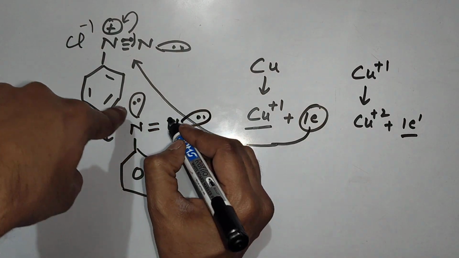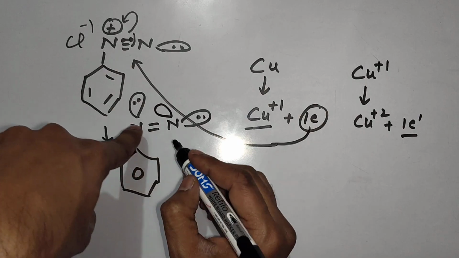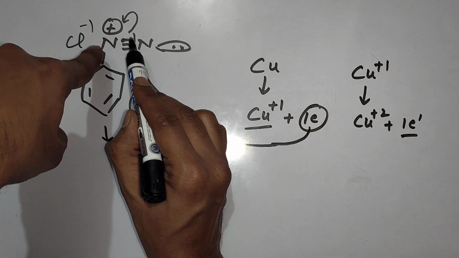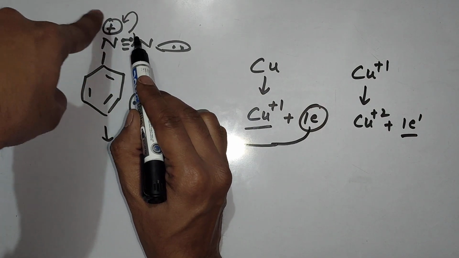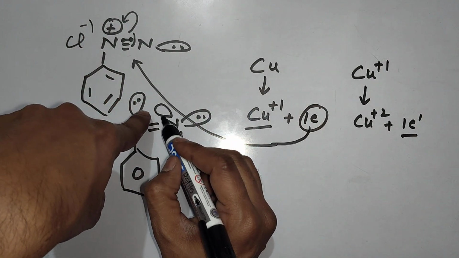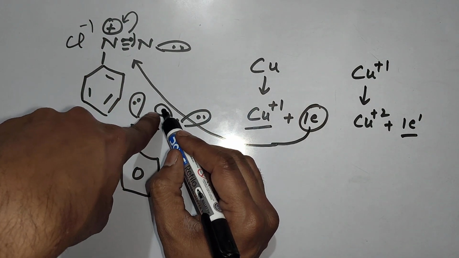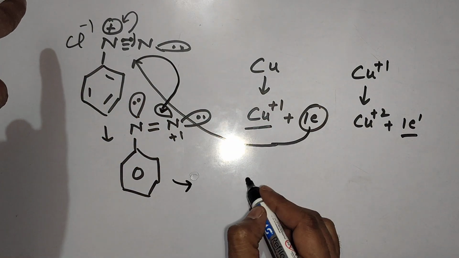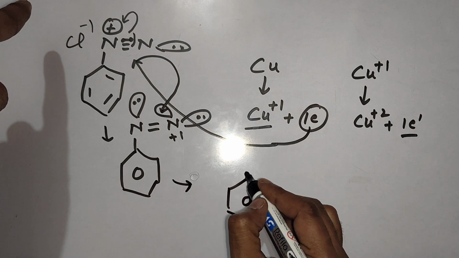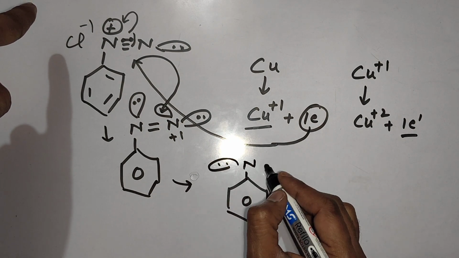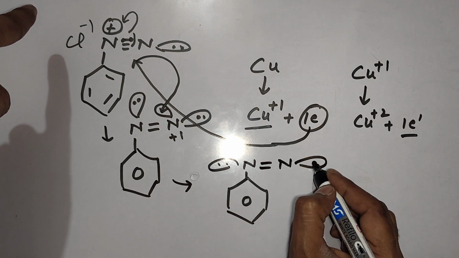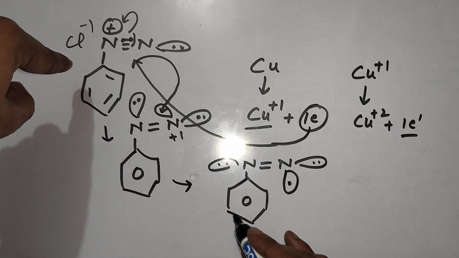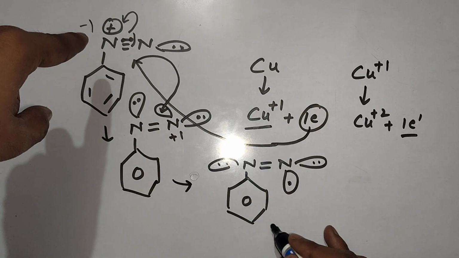This nitrogen now will have a vacant orbital with a +1 charge, because in this bond 1 electron was of this nitrogen and now it is shifting toward the other nitrogen. In this vacant orbital, this electron will enter, due to which this benzene diazonium free radical will generate, which we call benzene diazo free radical.